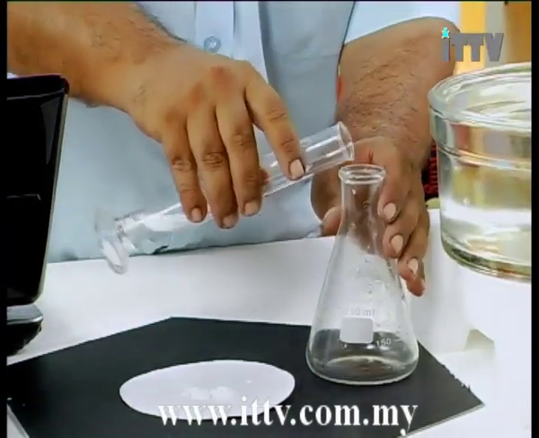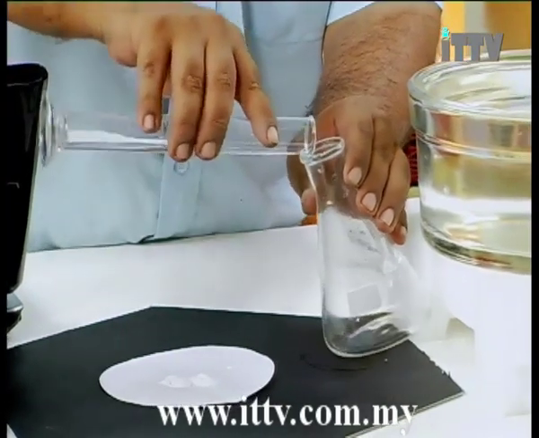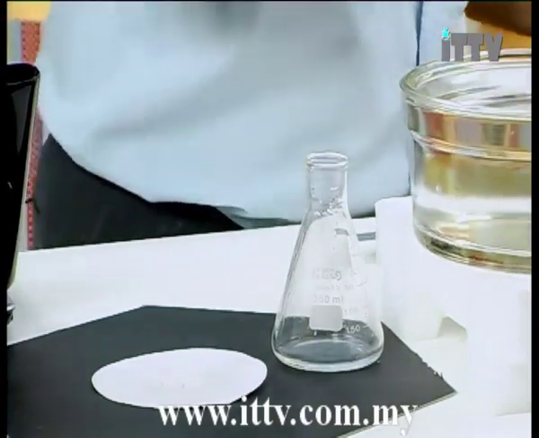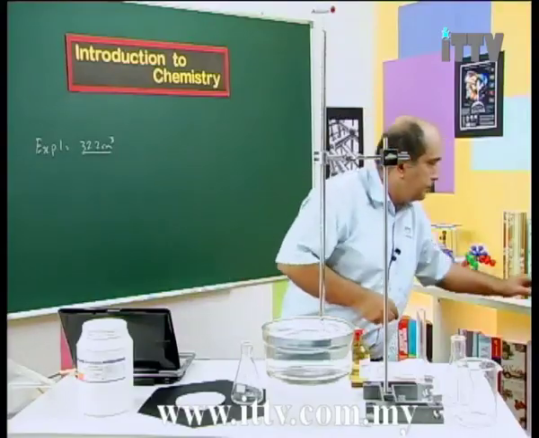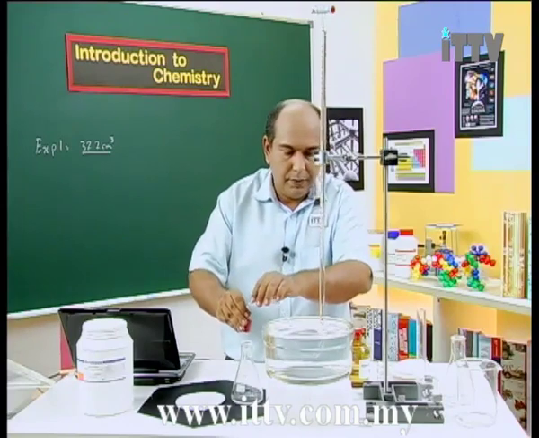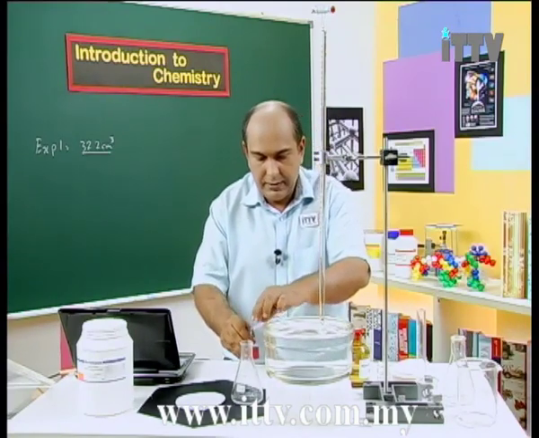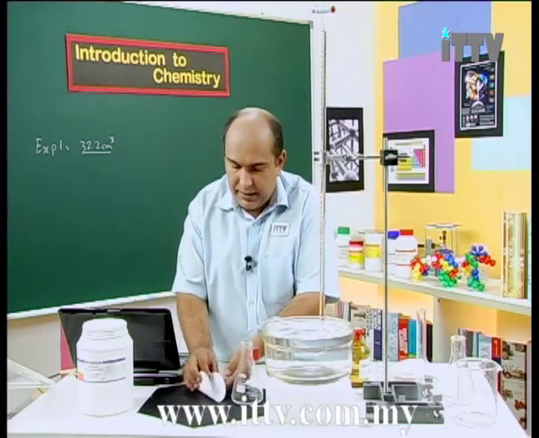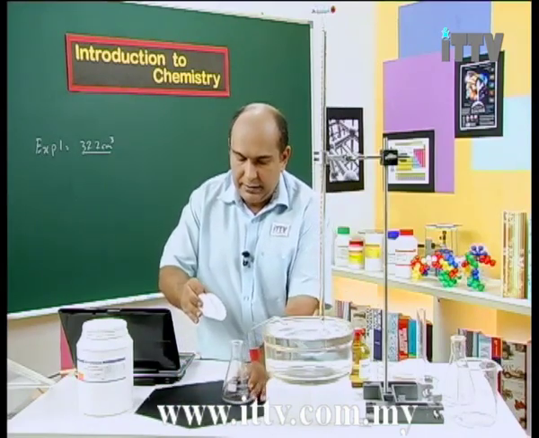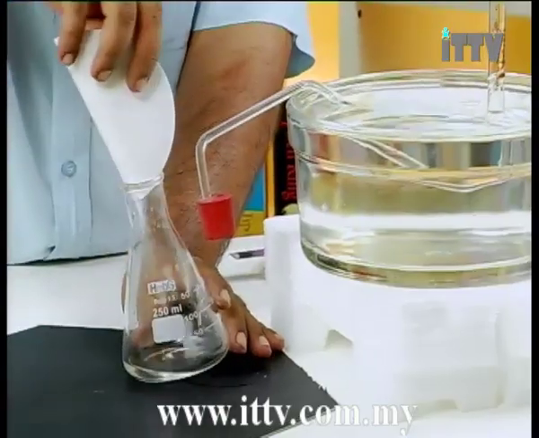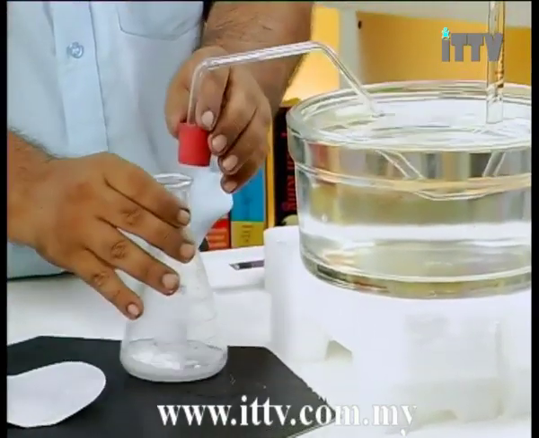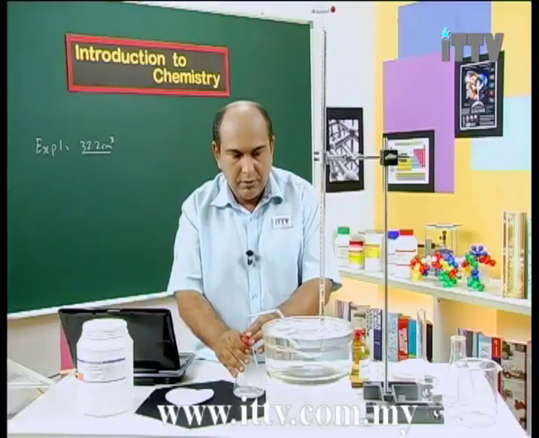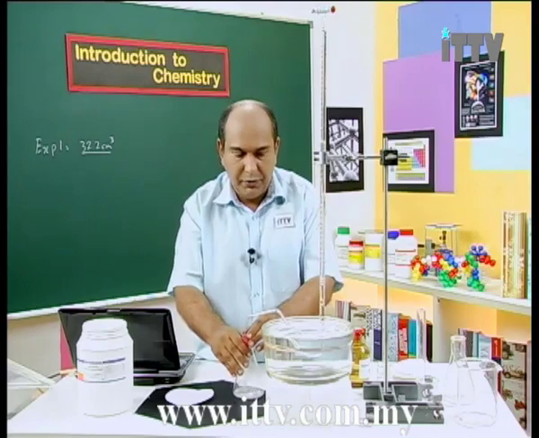Pour the acid into the conical flask. Get the stopper. Get the stopper in place. And we are ready to add the calcium carbonate to the acid. And once again, we're getting the gas being produced.